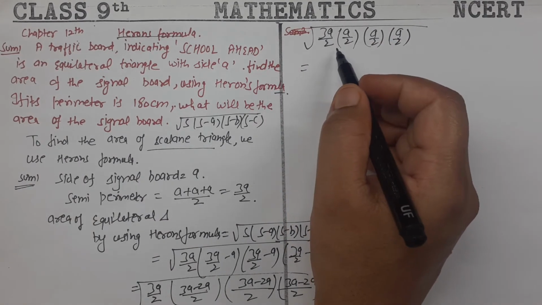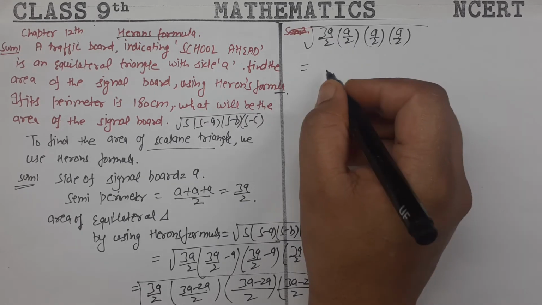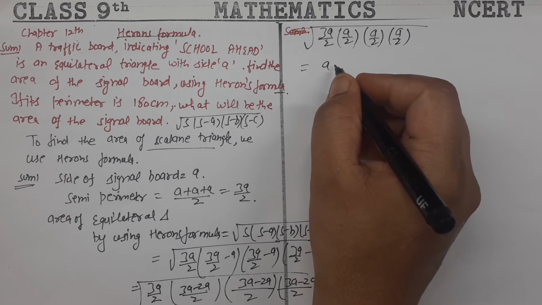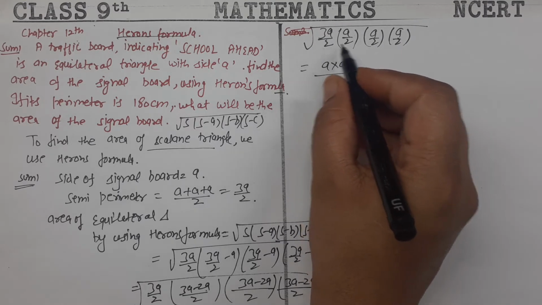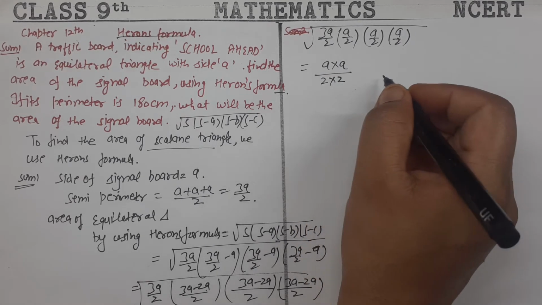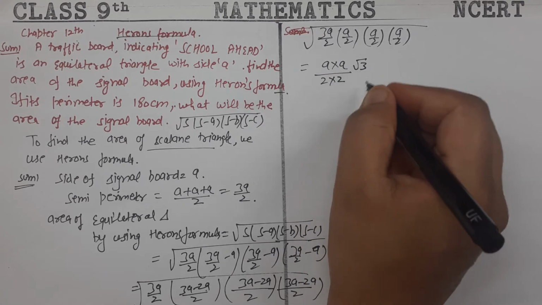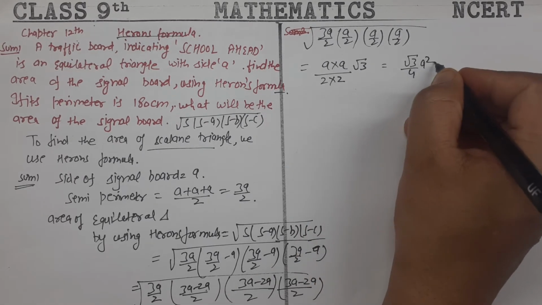In the numerator, A comes 4 times: 1, 2, 3, 4. Now take out from the square root A into A. In the denominator, 4 times 2, then it comes 2 into 2. Root 3 by 4 A square.